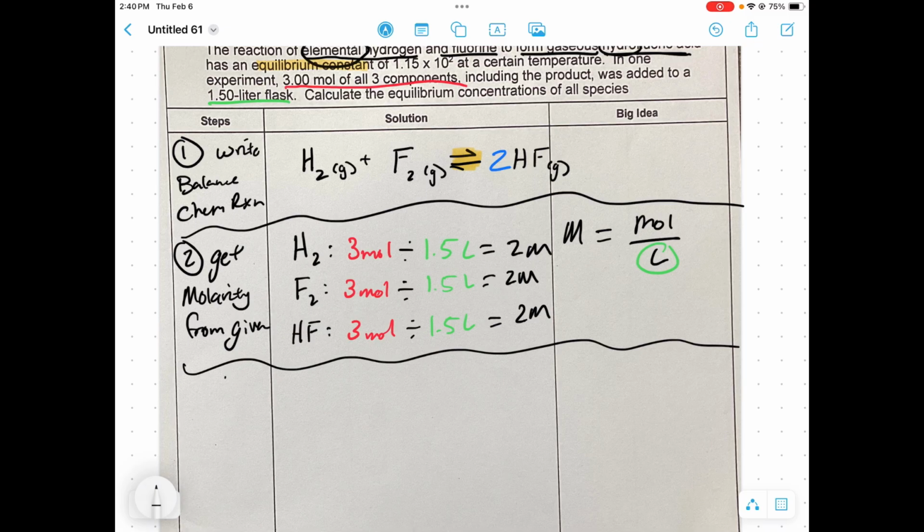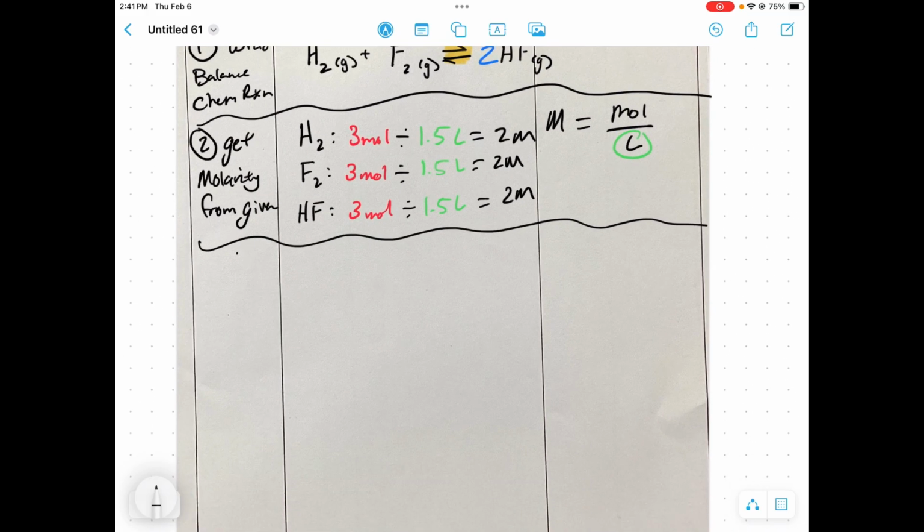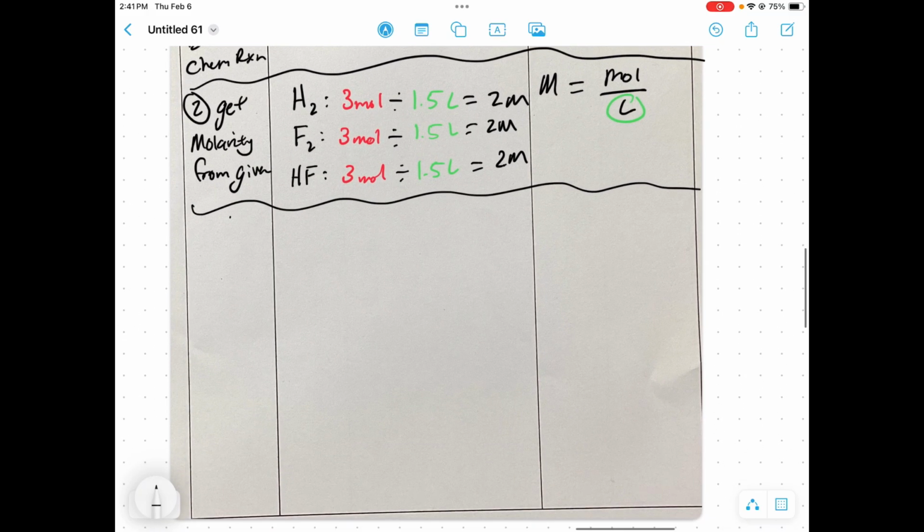Now, in step number 3, I'm going to set up my ICE table. I'm going to copy down my reaction first. So I have H2 plus F2 turning into 2 HF.